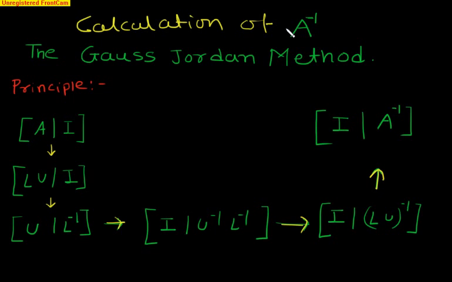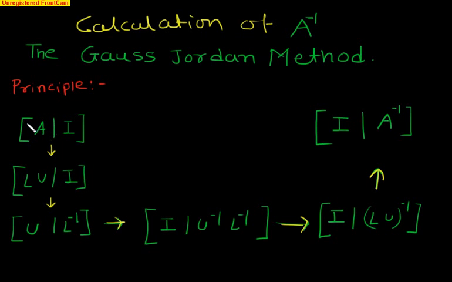The Gauss-Jordan method can be used to find the inverse of the matrix A, but there is one principle behind this method that I'm going to explain to you.